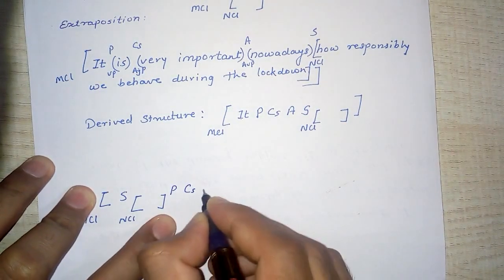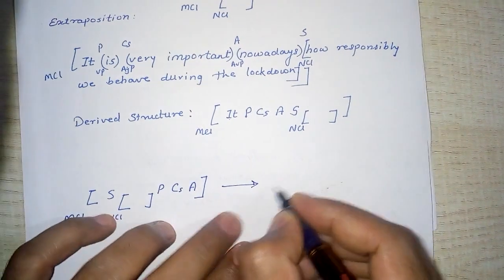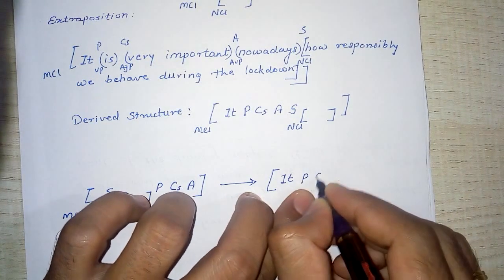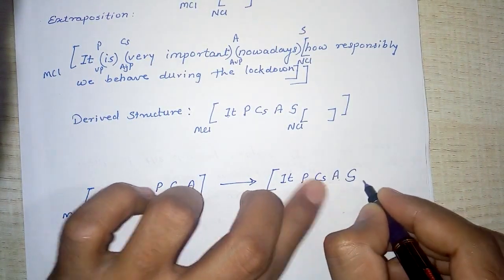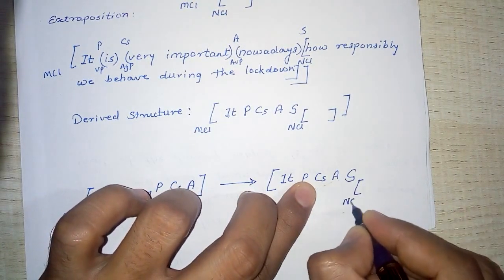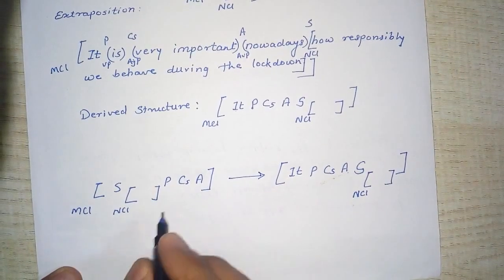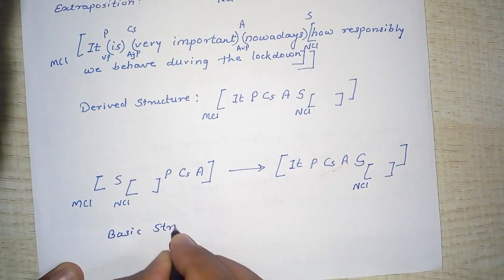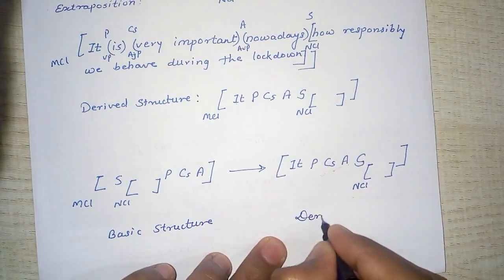Predicator, subject complement, and adverbial. Here it, predicator, subject complement, adverbial, and subject shown with NCL. Okay, so this is the basic structure, and this is the derived structure.